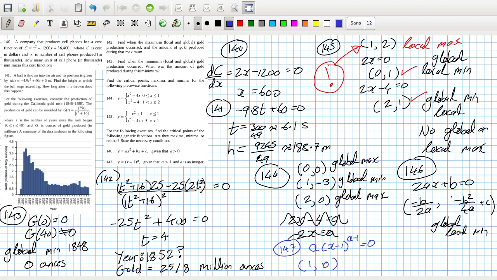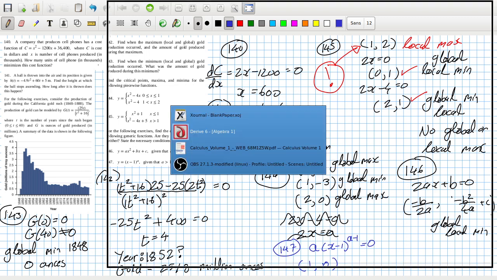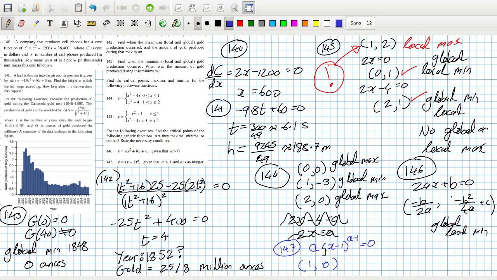A is more than 1, so it's positive. But would it be a max or a min? The second derivative is a times a minus 1 times x minus 1 to the a minus 2.